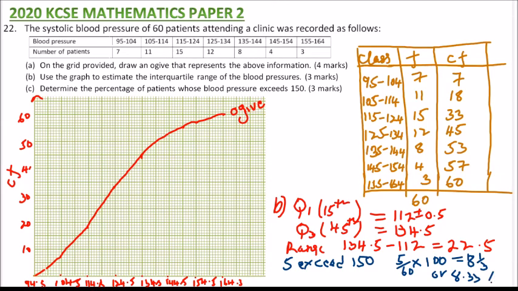So the percentage of patients that exceed 150 is 8 1/3% or 8.33%. And that's how you do that question from statistics 2, which you covered in Form 4.